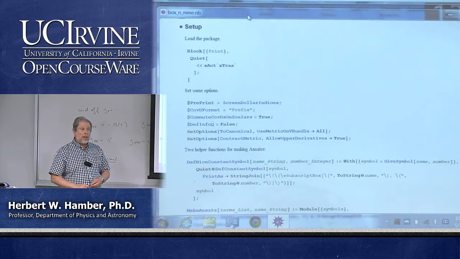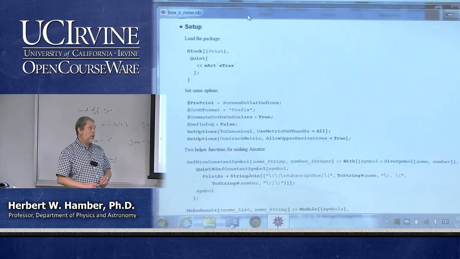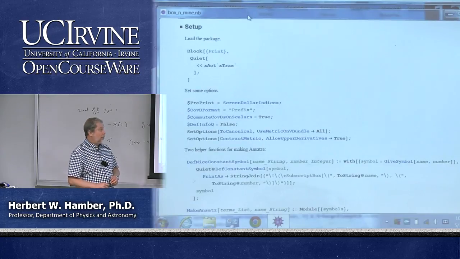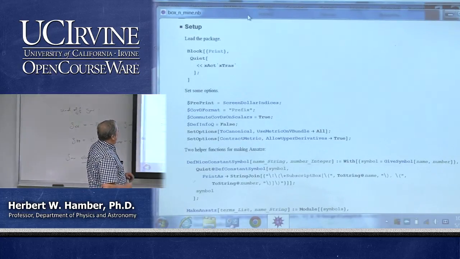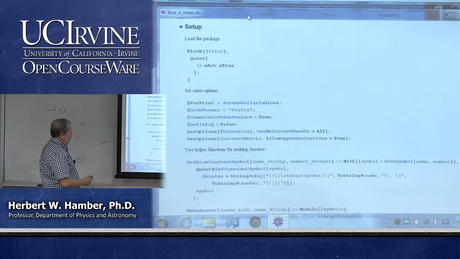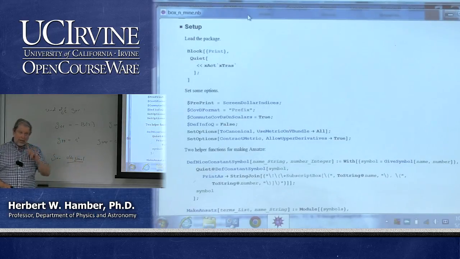Nevertheless, if things get complicated, then at some point you might want to use something a little bit more sophisticated. So this is a package that I used, which is called xAct, right? This is a fairly recent one, and it is specifically designed.